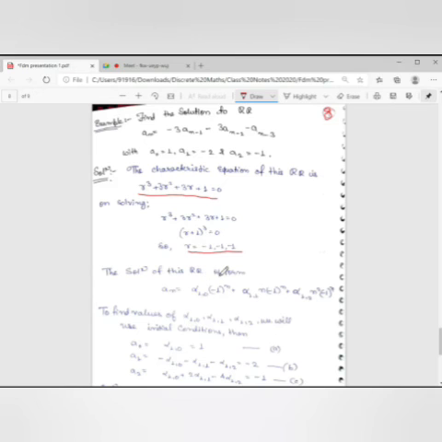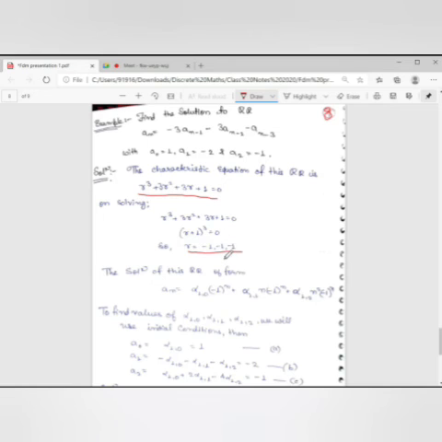The solution of this recurrence relation we can write in the form an = alpha 1,0 (-1)^n + alpha 1,1 n (-1)^n + alpha 1,2 n^2 (-1)^n. Here we have got only a single repeated root, so we write it in a single form.